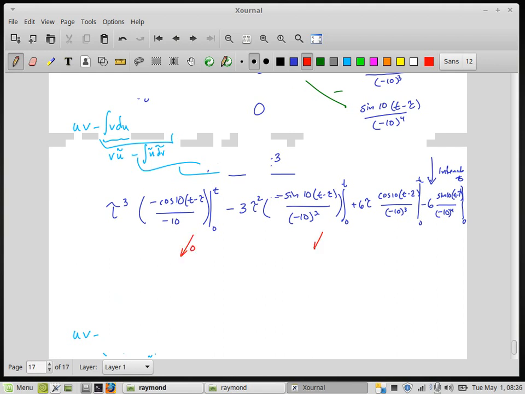And the first term, in this case, you've got t cubed times minus cosine 10 of 0 over negative 10. That does have a value. And that works out to be minus t cubed over 10.